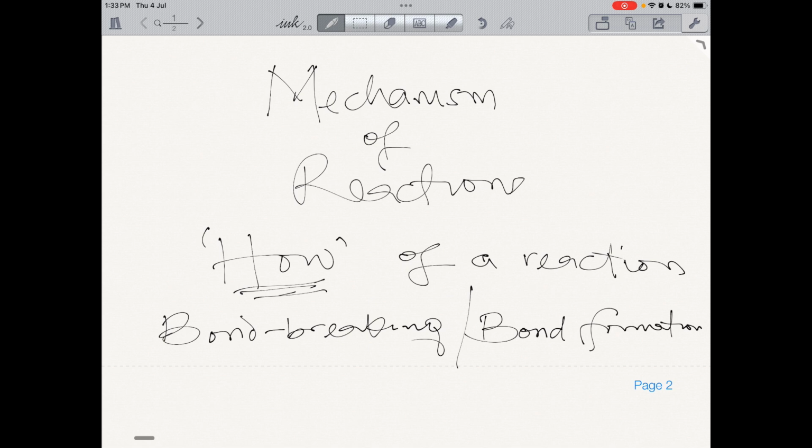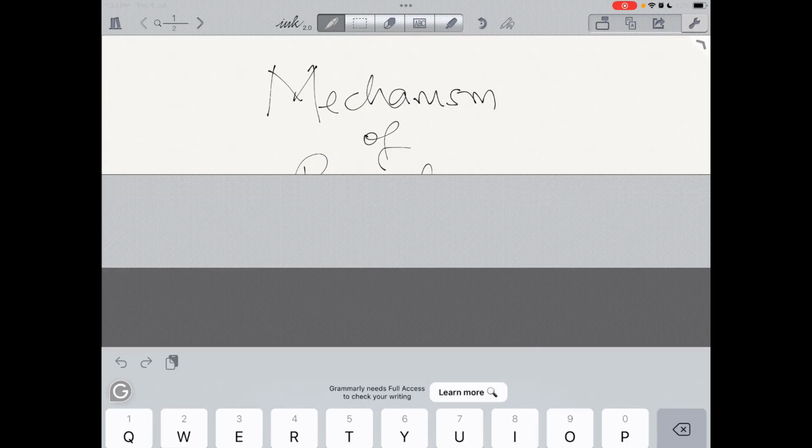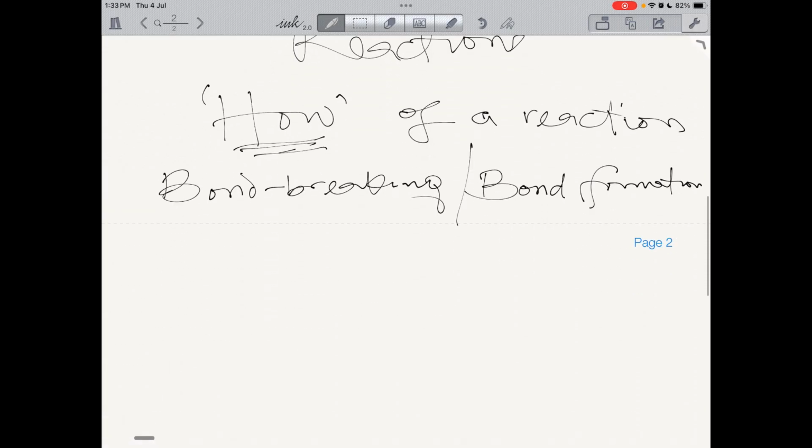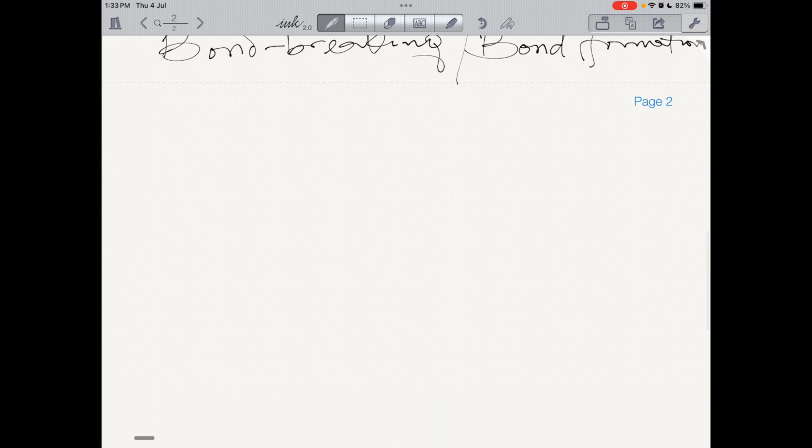So the bonds break and new bonds are formed. But how do we depict this mechanism? How is it depicted? We need to be familiar with some terms.